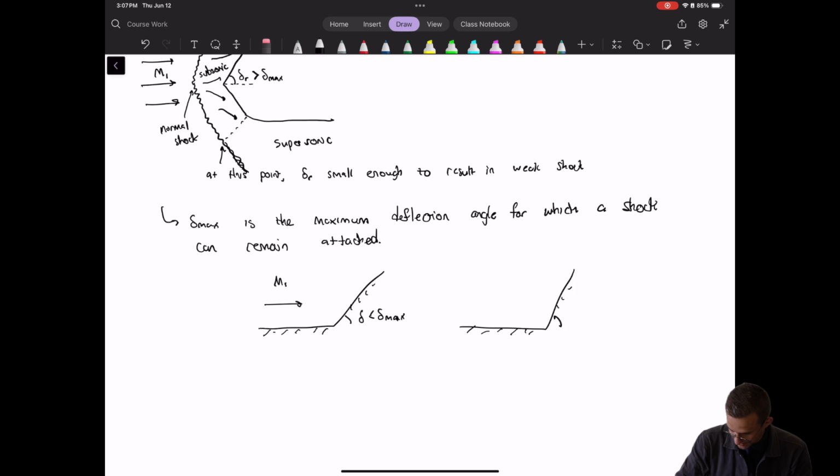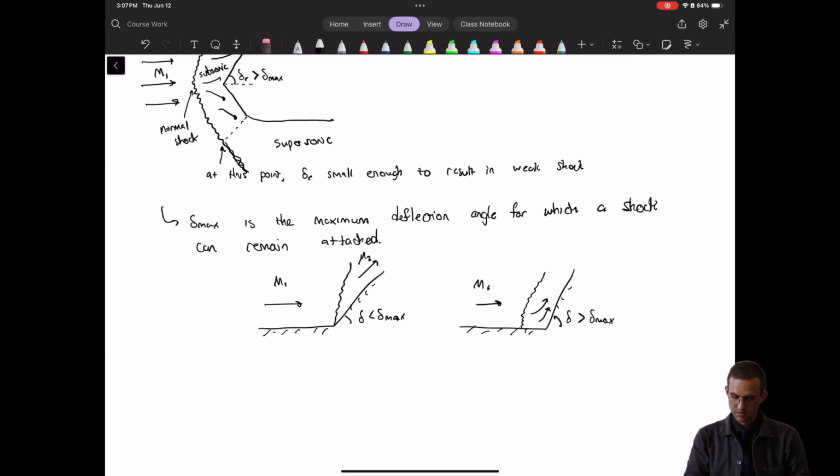This deflection angle delta is greater than delta max. So in the first case, the shock is going to be attached to this corner here, and you're going to have M2. But in this case, you're going to have a detached shock. And the flow will become subsonic. Okay?